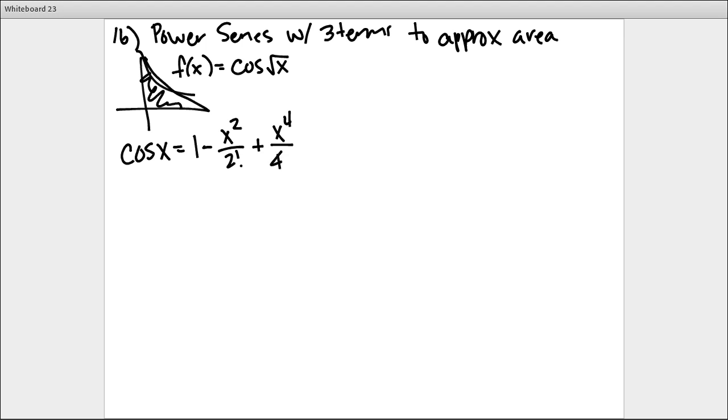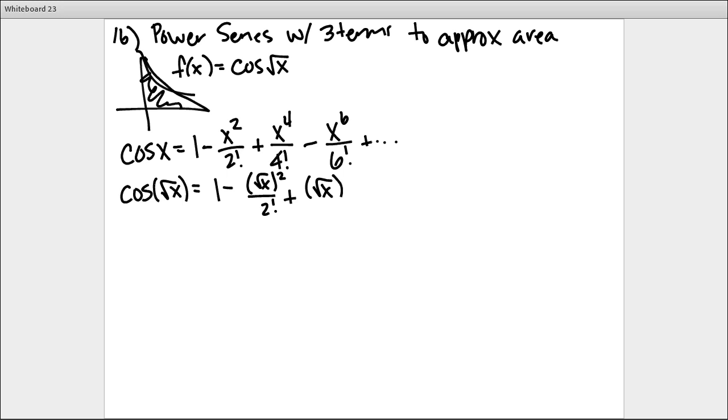So x to the 0 would give you that 1, and then x squared, and then x to the 4th over 4 factorial, and the next one would be x to the 6 over 6 factorial, and it keeps on going like that, right? So that means that cosine of root x, you would just plug root x into all of those x's. We're manipulating this series. We know cosine, and so cosine of root x, we can manipulate it. Minus.